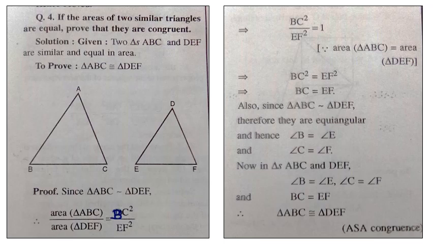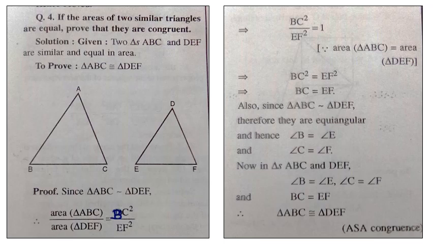Let ABC and DEF be two triangles. They are similar. To prove triangle ABC is congruent to triangle DEF, it is given that the areas of triangle ABC and triangle DEF are equal. They are similar with equal areas.